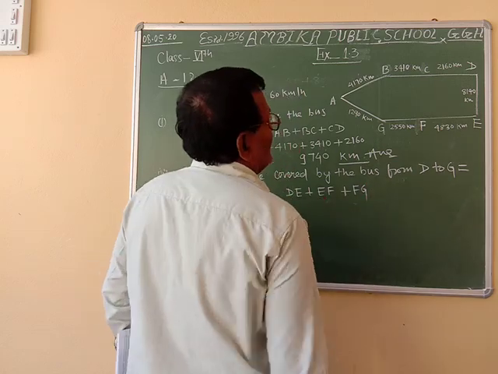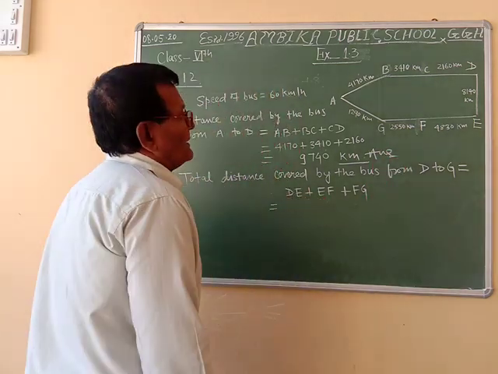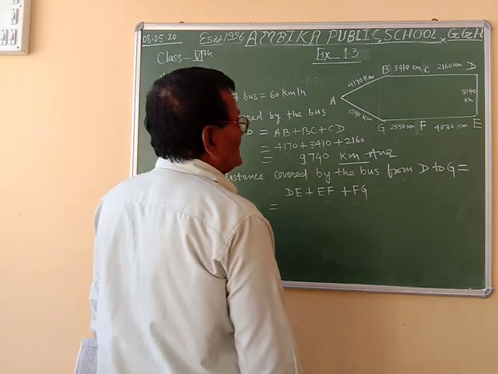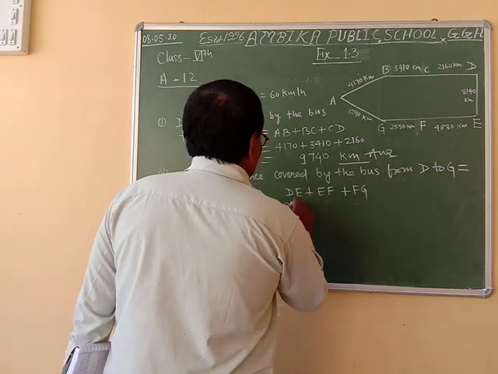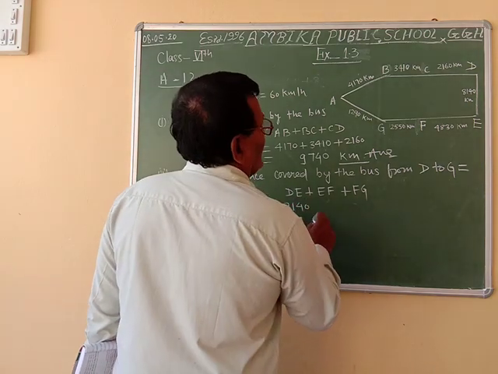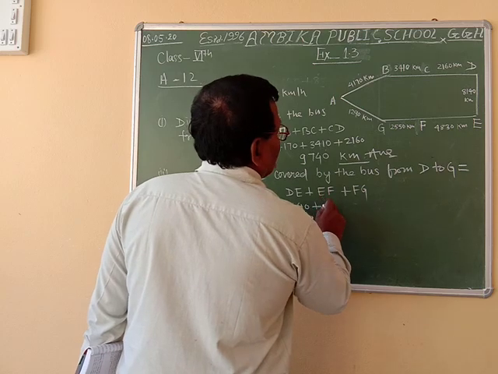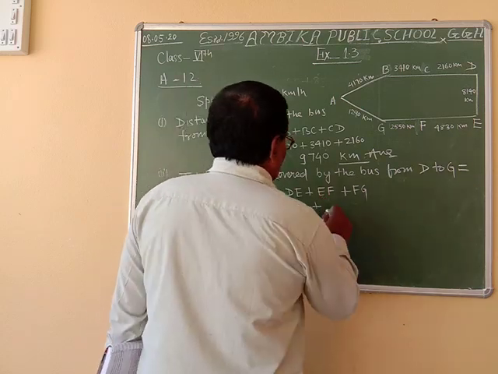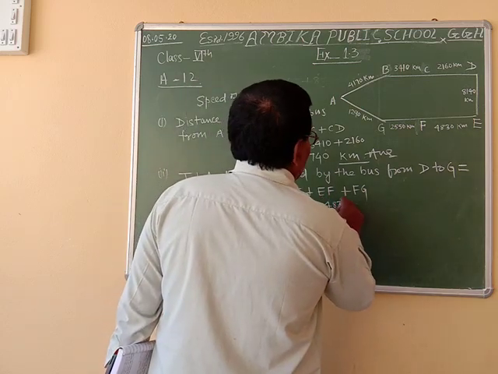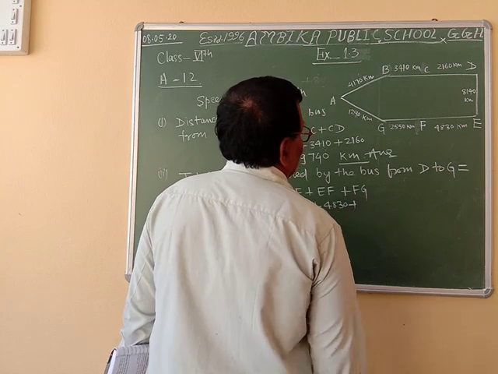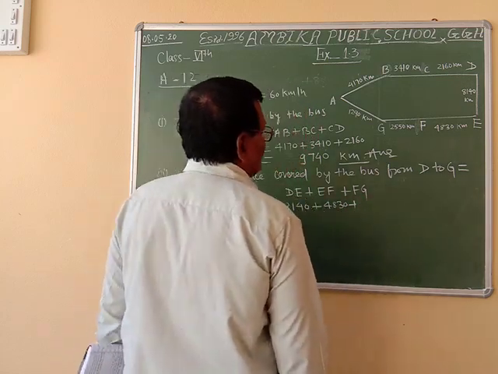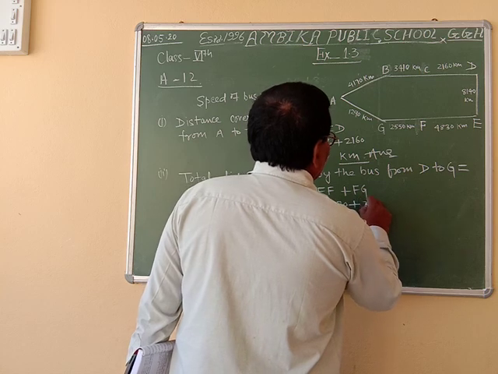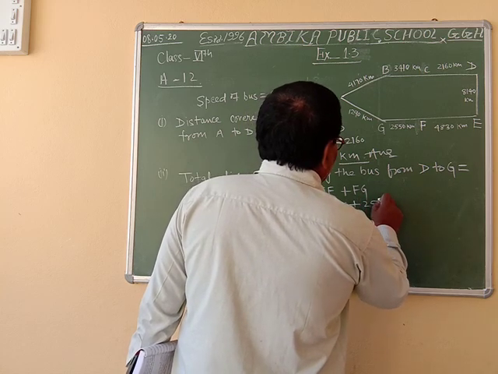DE distance is given 8140 km, plus EF distance is 4830 km, and the FG distance covered by the bus is 2550 km.